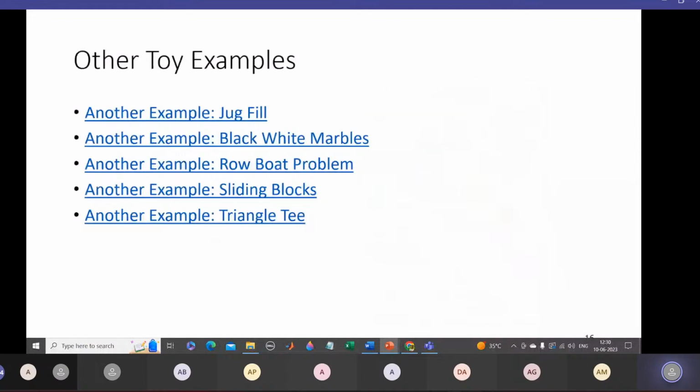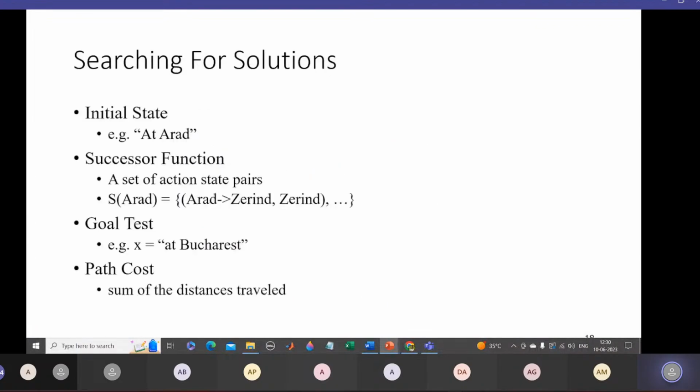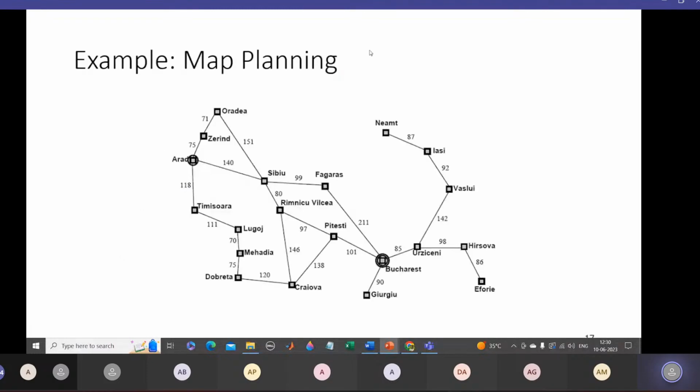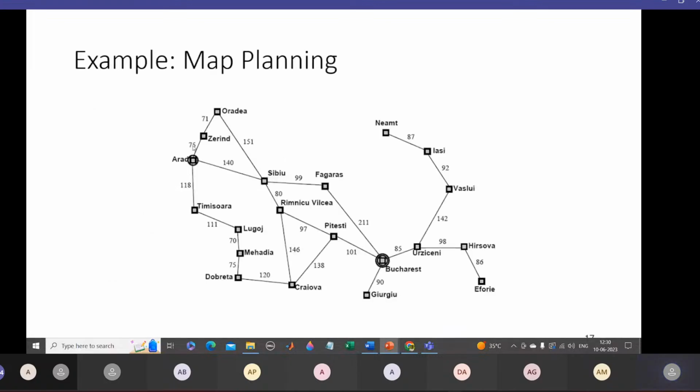Okay, and jug fill, black and white marbles, these are some other examples. Okay, the map planning. Different places are there. The initial state is that you are in Arad, and you have to move to Bucharest.